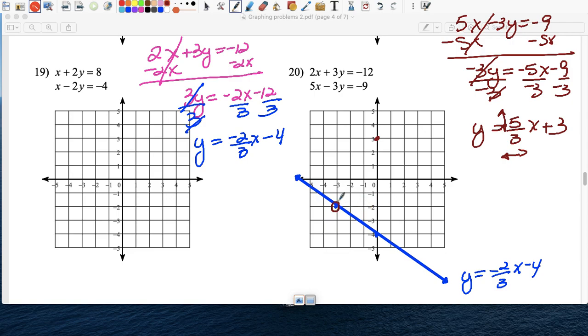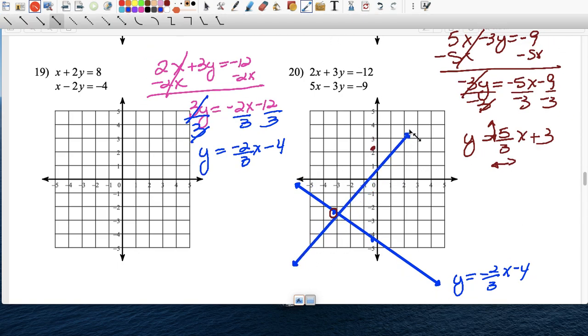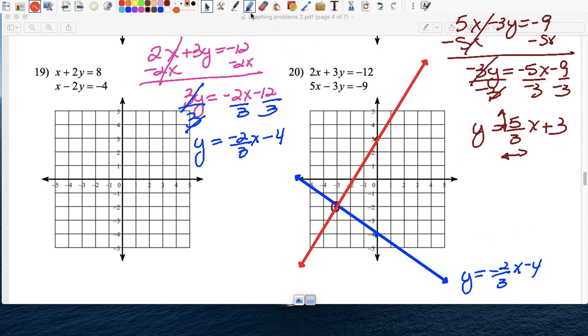There. I have 2 points, what I need to create a line. There. So give this guy a name: y equals 5/3 x plus 3.